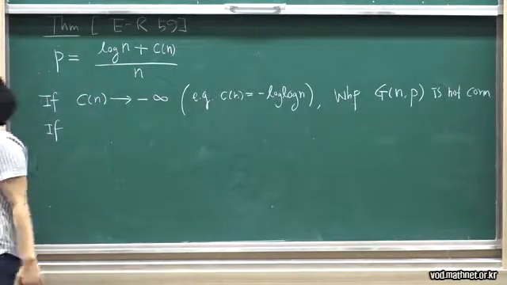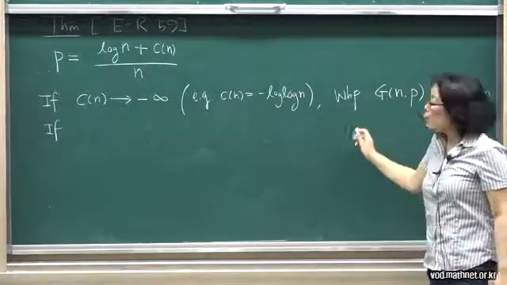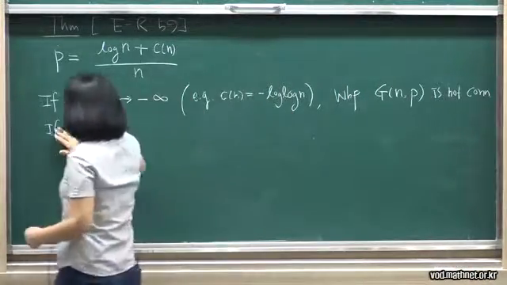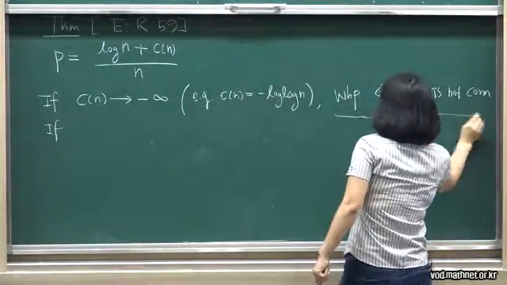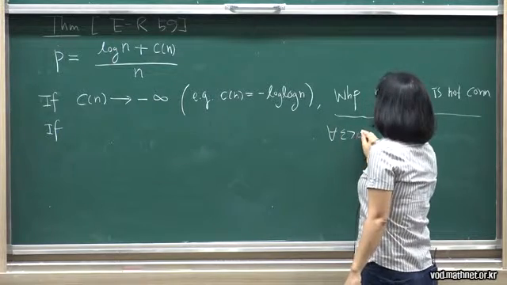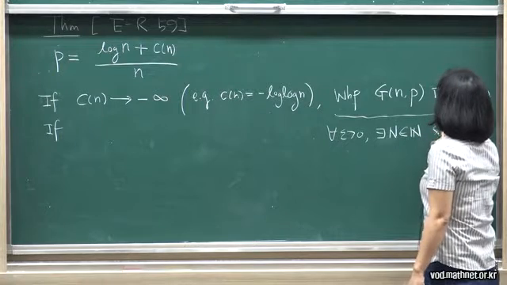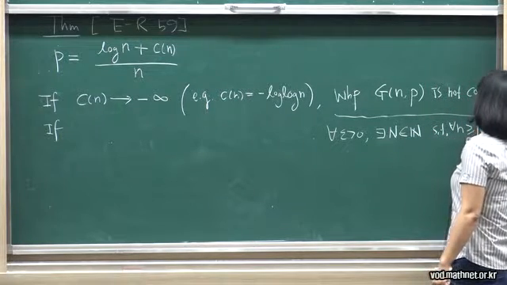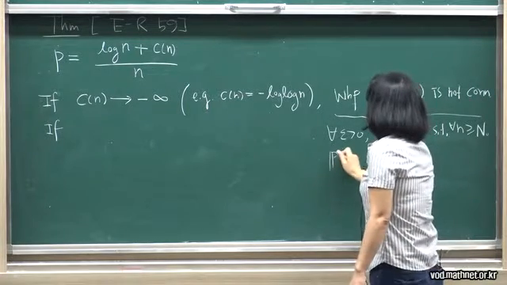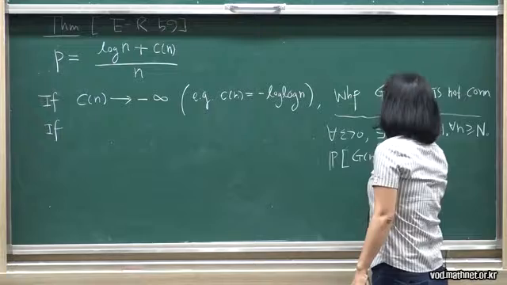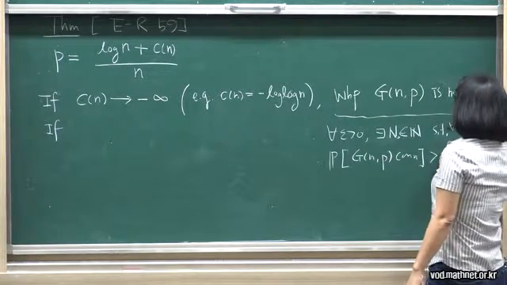At the beginning it might be confusing. If you want to write it in a proper manner, this kind of probability you have to write in this fashion: for all epsilon, there is an n 0, such that for all n larger than n 0, the probability that G(n,p) is connected is larger than 1 minus epsilon.